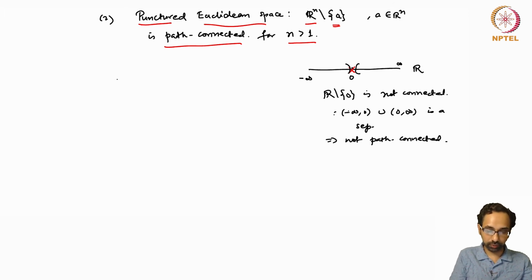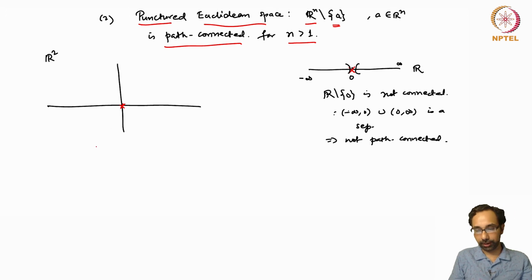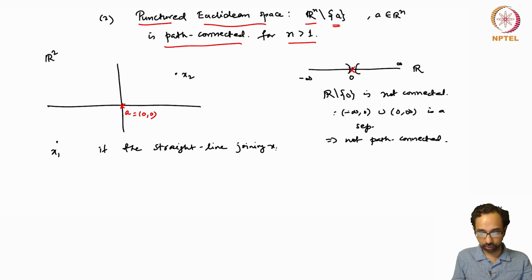So to visualize this, let's take R2, and you are removing the origin, let's say, so I'm taking A to be the origin here. Now if you take any two points, say one here and one here, then it might be that the straight line joining x1 and x2 does not cross the origin.